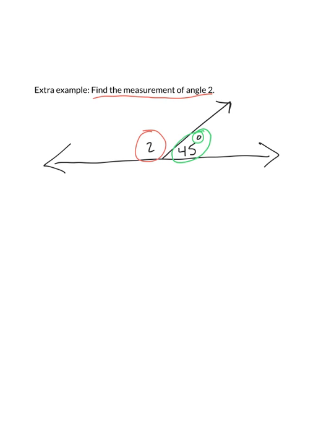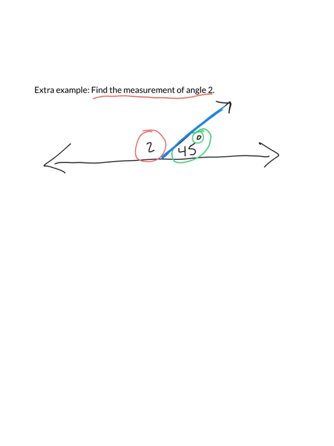All right, so the idea here is that angle 2 and the 45-degree angle are supplementary angles. They are adjacent to each other, so they're side-by-side angles, or neighbor angles, if you will. They have this ray in the middle in common.